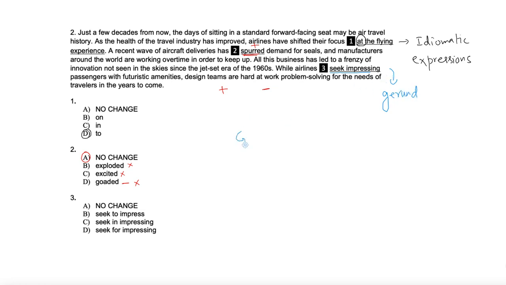So we have already learned about this, gerund to infinitives and vice versa. So how do you convert a gerund into an infinitive? By adding the preposition to. And you convert an infinitive to a gerund by adding the preposition in. So over here, it should be while airlines seek to impress passengers. Now that is something that goes with the rest of the paragraph as well. That is option choice B.